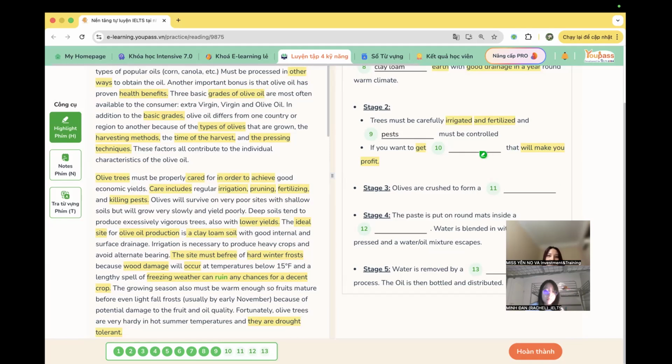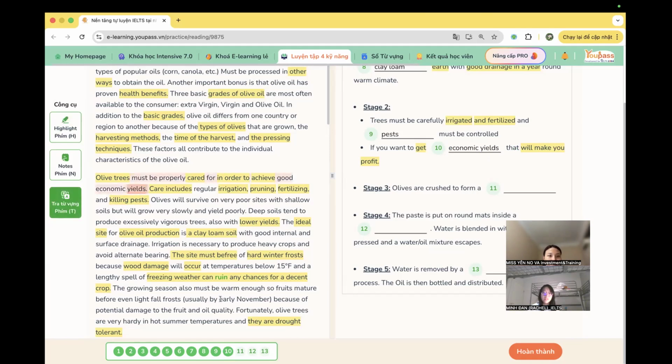So economic yield is like productivity. I already told you, yield is the outcome from the production, right?